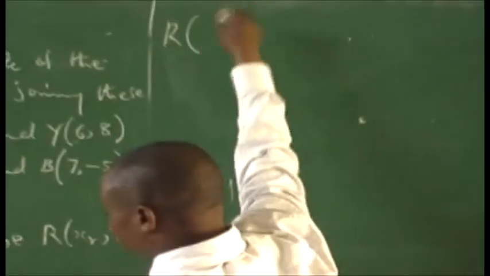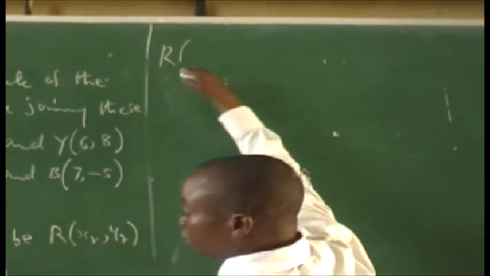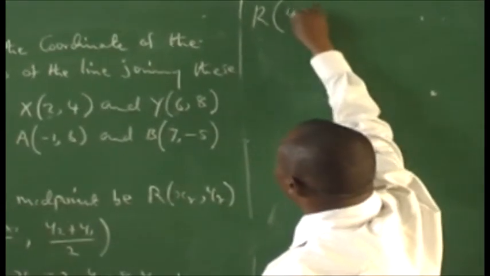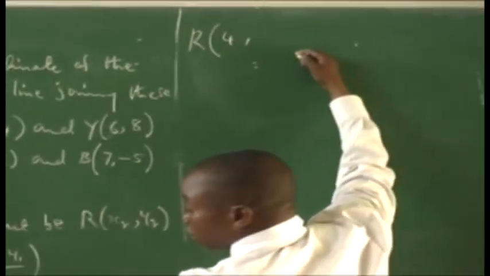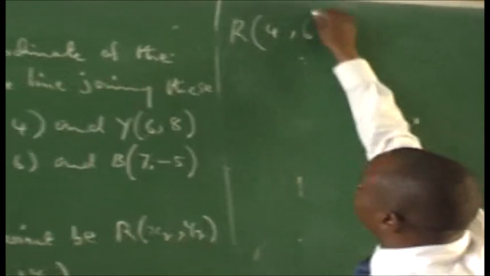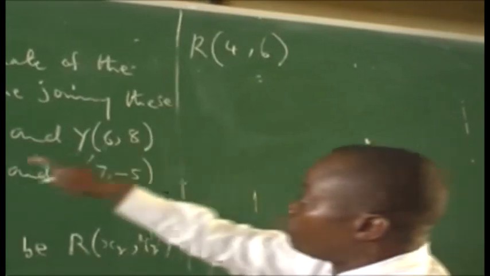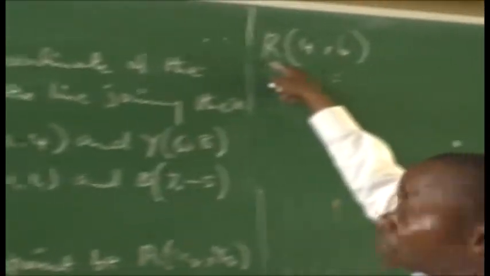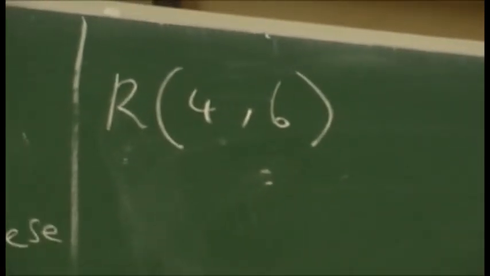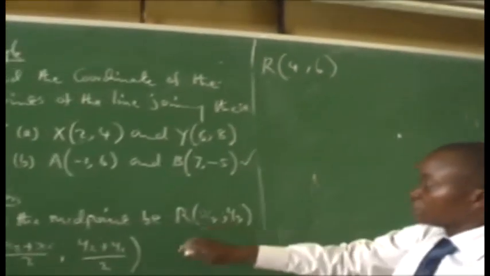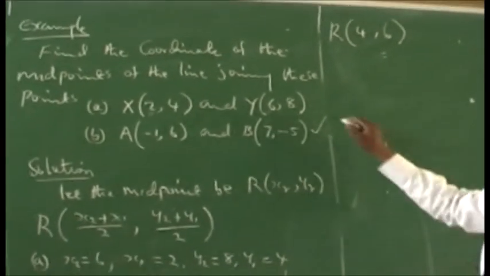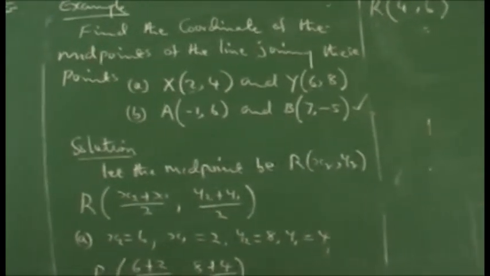So what do we have now? R will be 6 plus 2 is 8, divided by 2 we have 4. And then this one, 8 plus 4 is 12, divided by 2 we have 6. So look at the coordinates of the midpoint. The midpoint of X and Y is R, and its coordinates are 4 and 6. Now, I'd like you to try this using the same pattern. You have this as your own exercise. Do that.